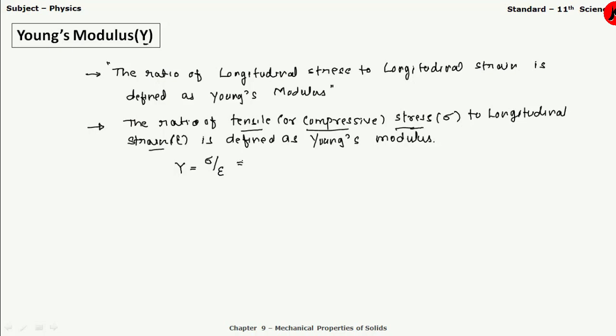Now further simplifying, Y equal to sigma over epsilon. What is the equation for sigma?